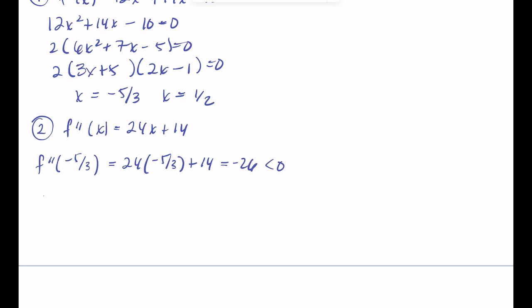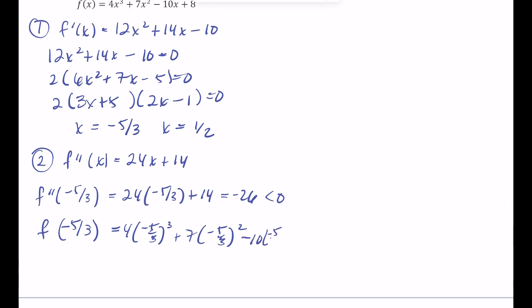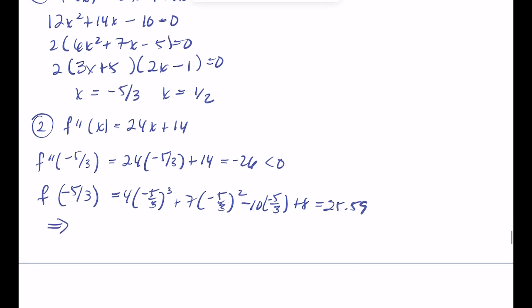And the way I find it, remember, is I'm going to plug negative 5/3 into my original function. And you end up with 25.59. So that tells me there's a relative maximum at (-5/3, 25.59).